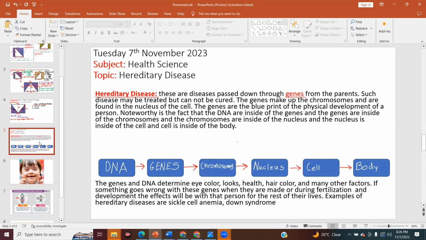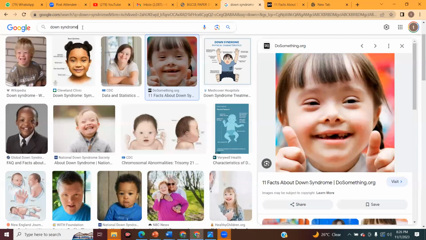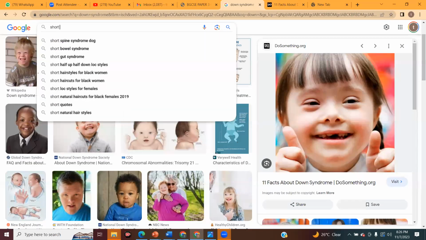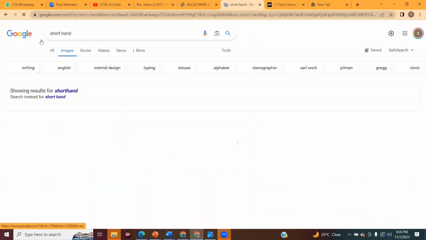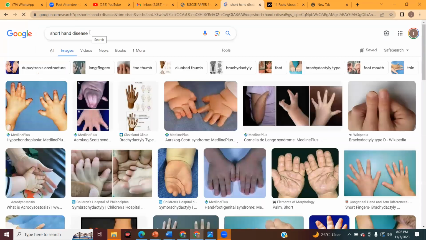They also said that when they talk about shorthand. Shorthand? I've never heard of that. What is shorthand? It's when the mother smokes or drinks.